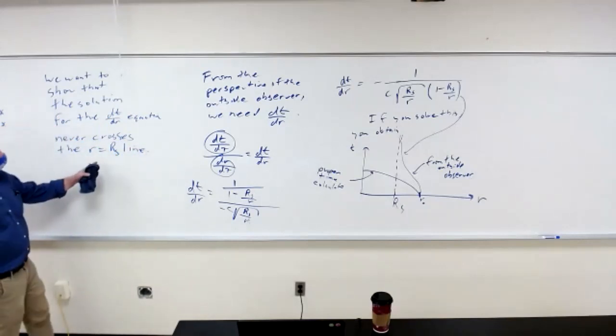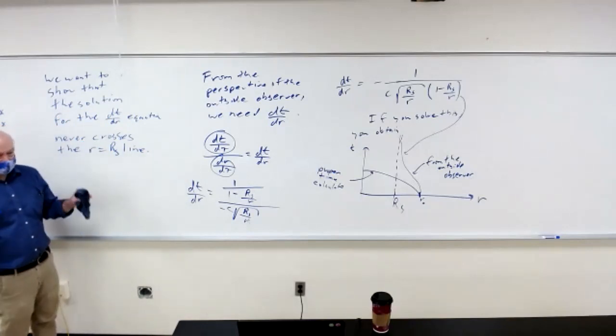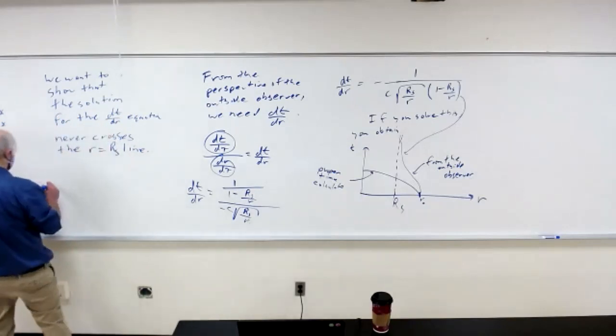So you never cross your Schwarzschild radius from this perspective. I wanted to show you how that works. Does everyone understand what we're going to do? Okay, to do this, we're going to use a trick.